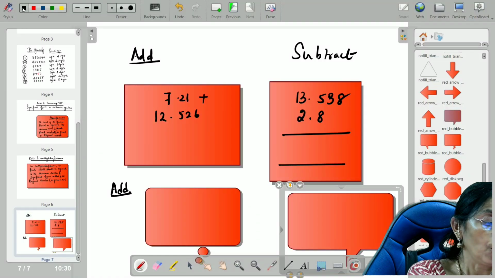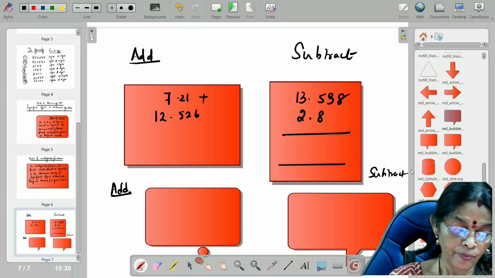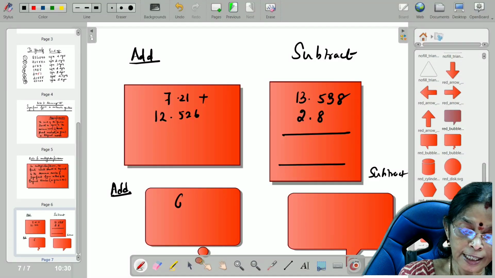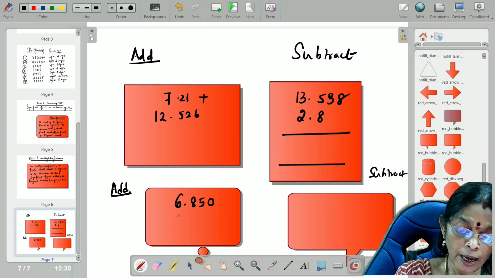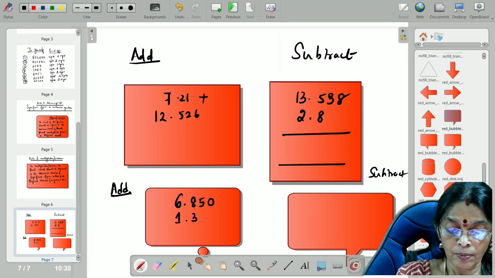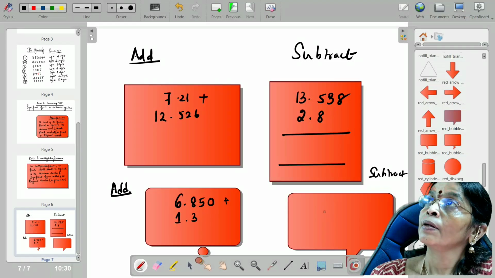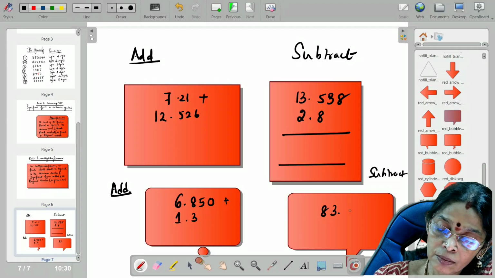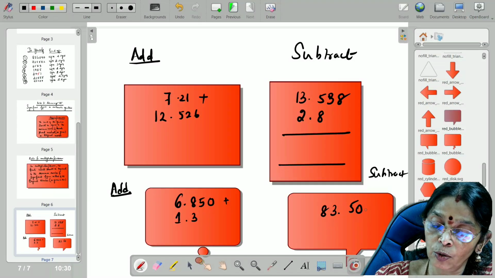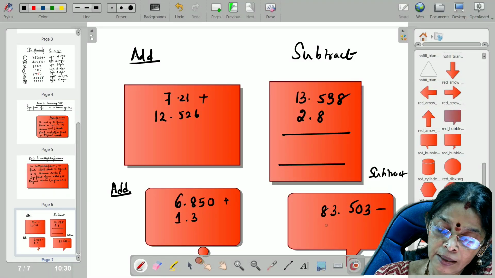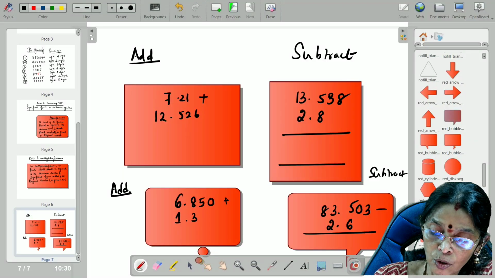Add 6.850 and 1.3, and subtract 83.505 minus 2.6. So subtract both.